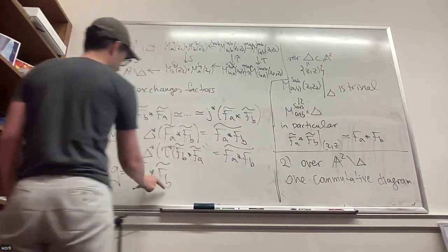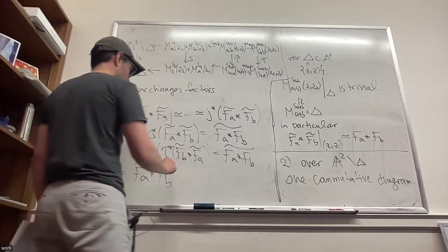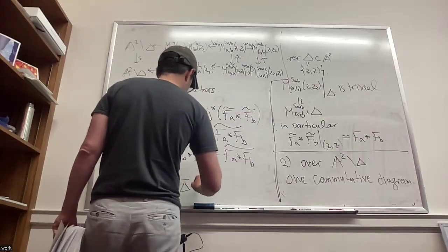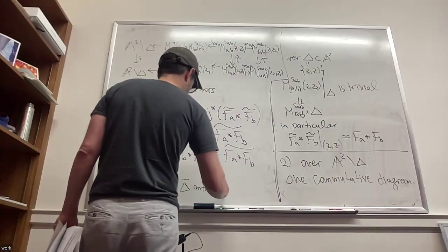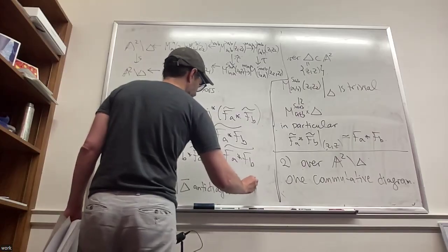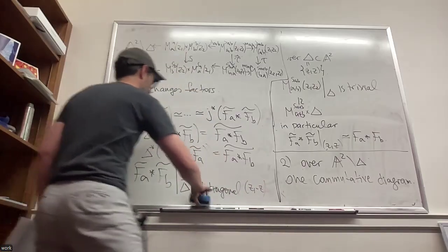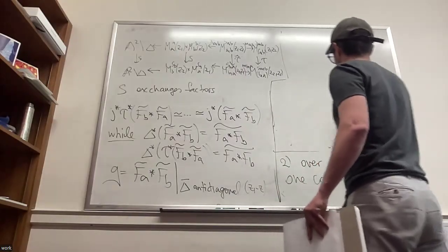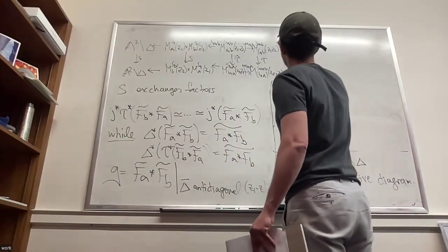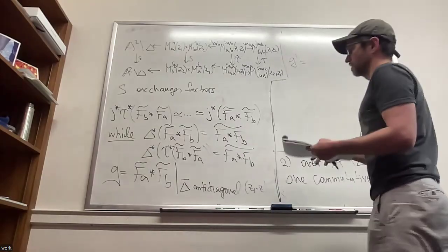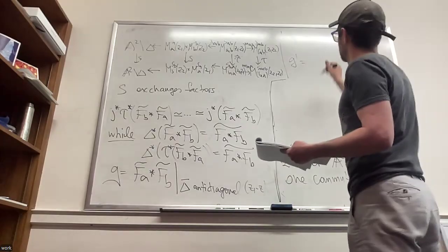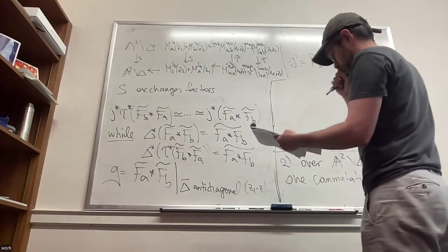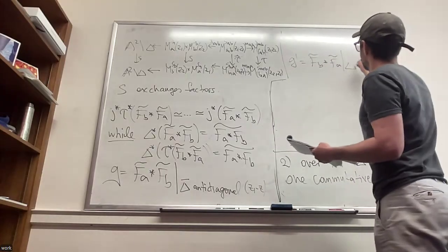So let's look at this product in one order, and let's restrict it to the anti-diagonal, Z minus Z. Okay? And likewise for the other product. So let's take G prime to be the opposite, and restrict to the anti-diagonal.